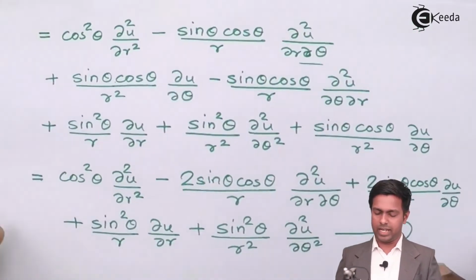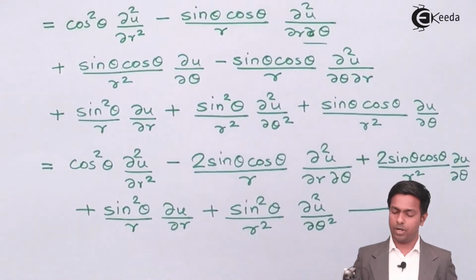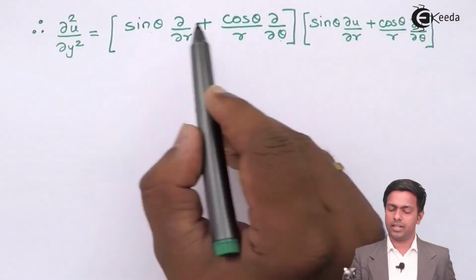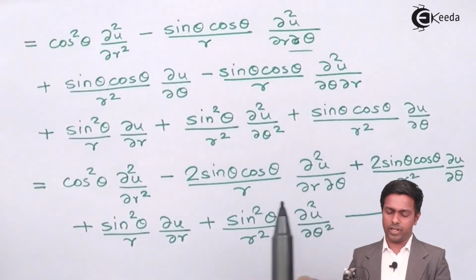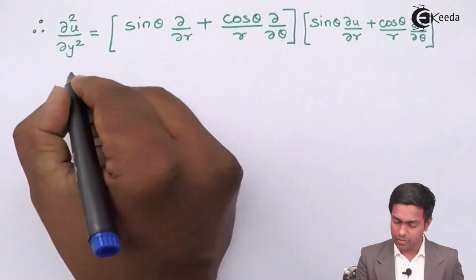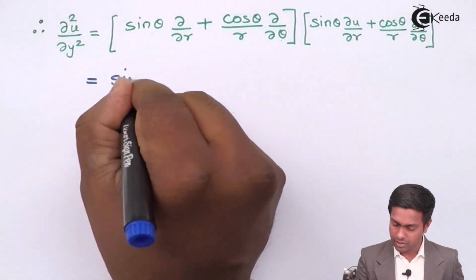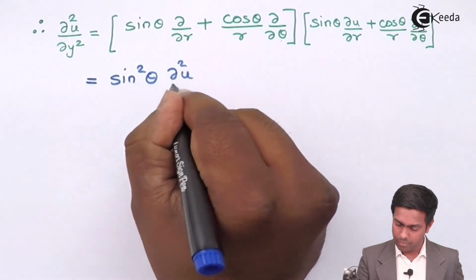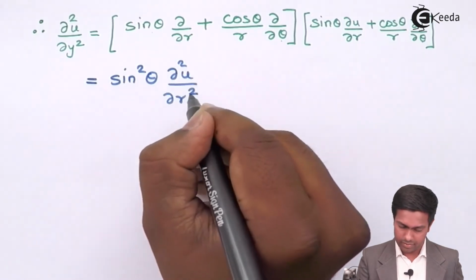So guys, this is the result number 1. From this we'll start. As we have changed that cos theta to sin theta, here instead of cos square theta we'll get sin square theta. So here I write down the changes. That will be sin square theta del square u by del r square.